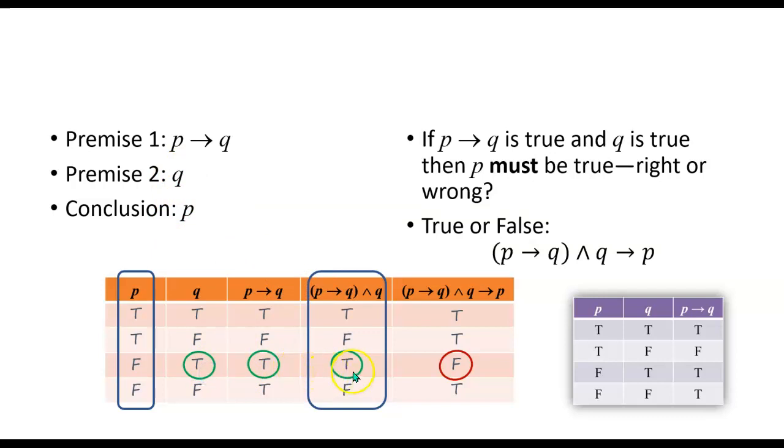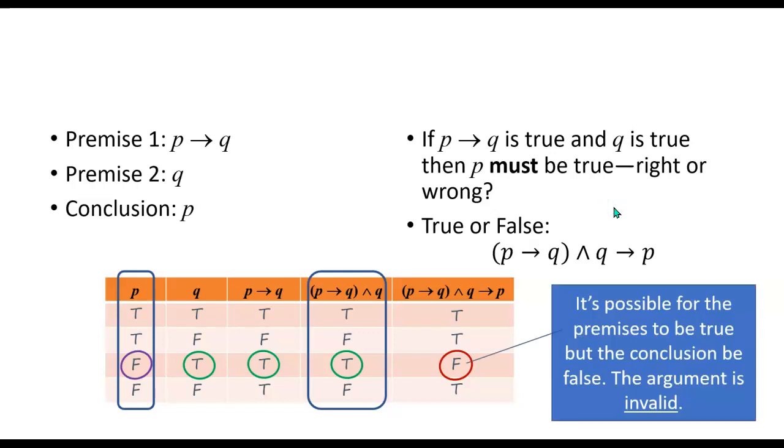So premise 1 and premise 2 are both true, but the conclusion, P, is false. And if there's any way for the premises to be true, but for the conclusion at the same time to be false, it's not a valid argument. So this argument is invalid.